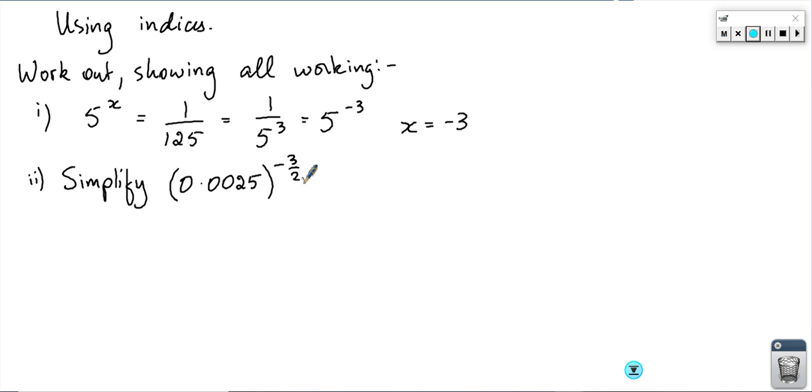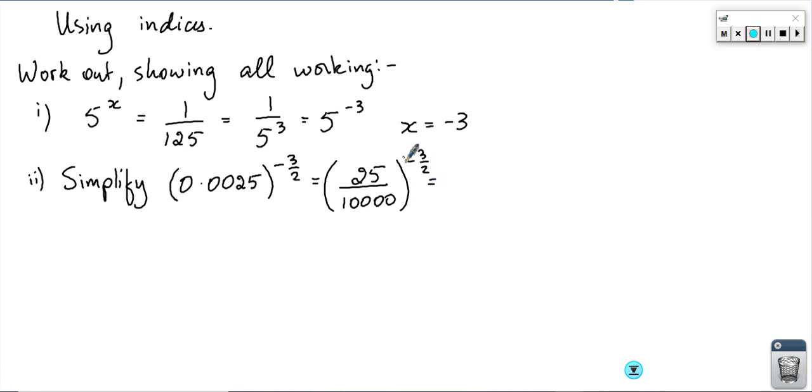First of all, I have a decimal number, and here I have two different indices: the negative, which is the reciprocal, and the fractional. So, first step, change the decimal to a fraction, so that's 25/10,000 to the power of minus 3/2.